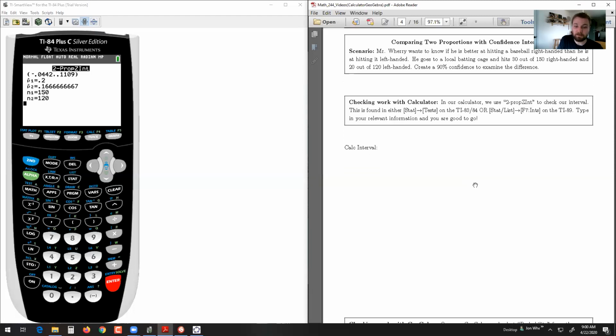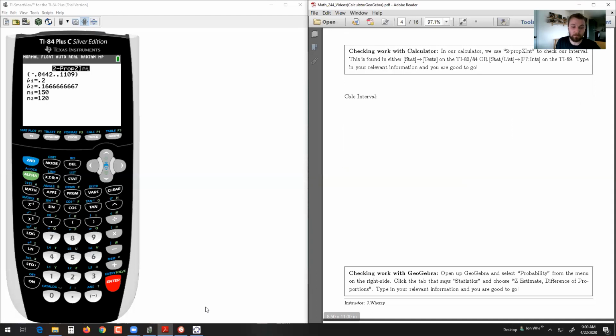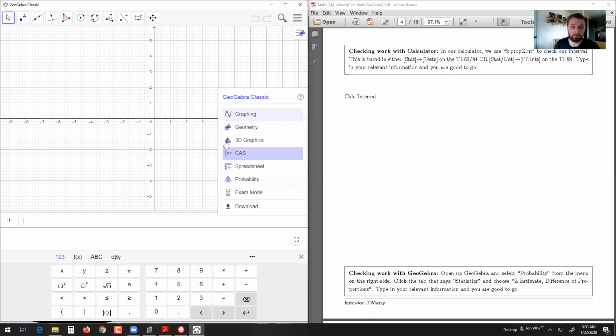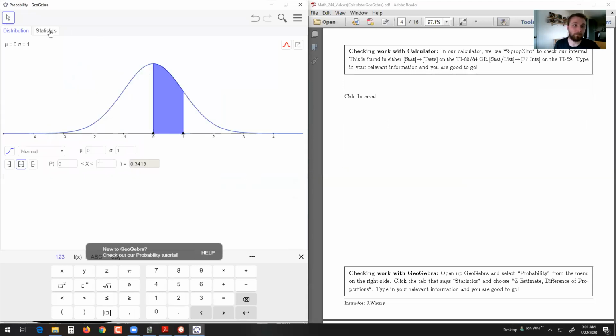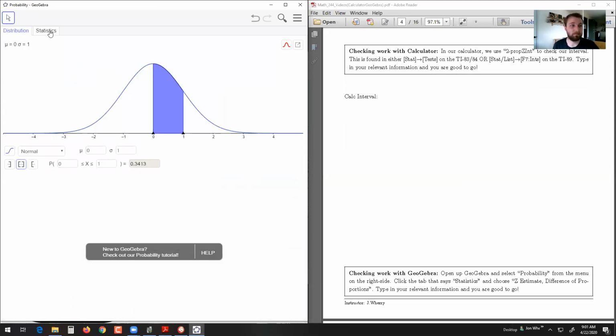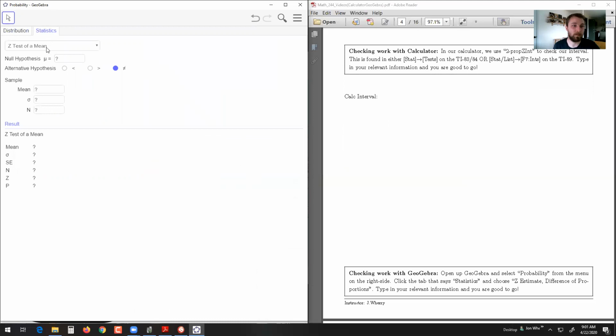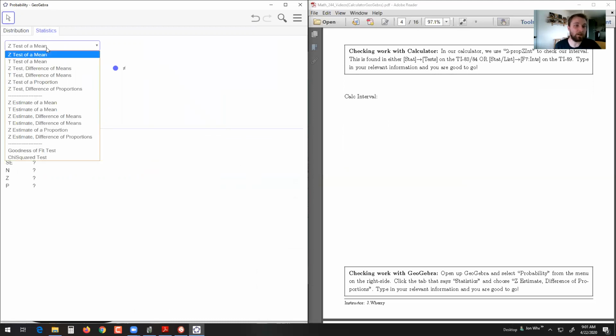If you're trying to do this inside of GeoGebra, open GeoGebra up, go into probability, stats, and I am doing an estimate or an interval where I'm comparing 2 proportions. So in GeoGebra, estimate means interval.